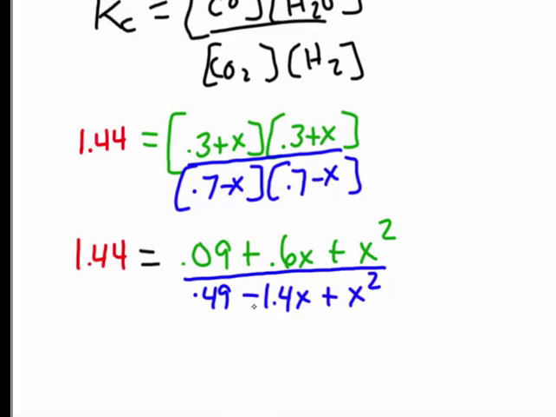The blue, when I multiply these out, we get 0.49 minus 1.4x plus x squared. Now I have a value, so we can cross multiply and start solving for x and go through that process. You should be able to do that.